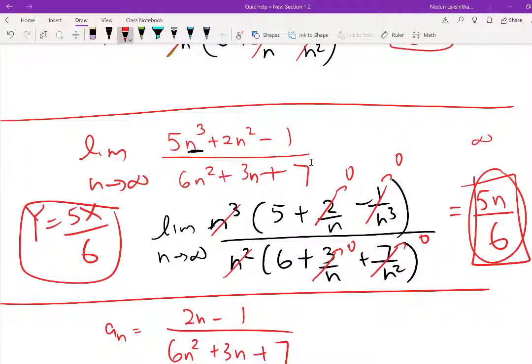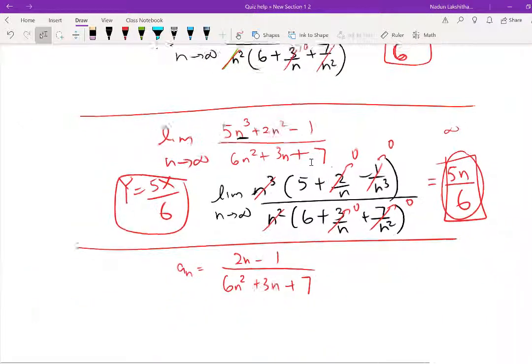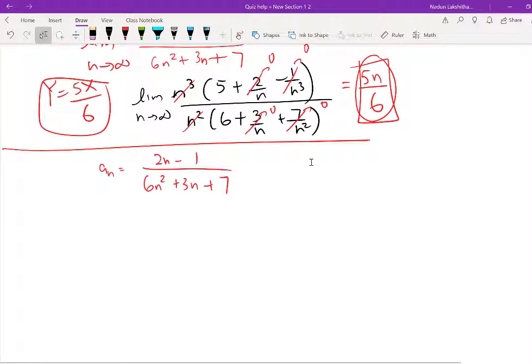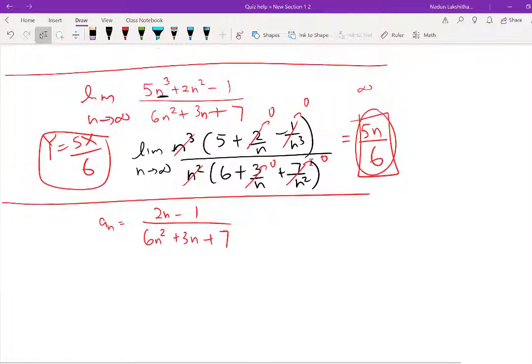All right, let's look at the final example. In the second example we had a higher degree polynomial in the numerator. In the denominator you have a lower degree polynomial. That means, did I say it wrong? In the numerator we have higher degree, in the denominator we have a lower degree, right? I hope that's what I said.